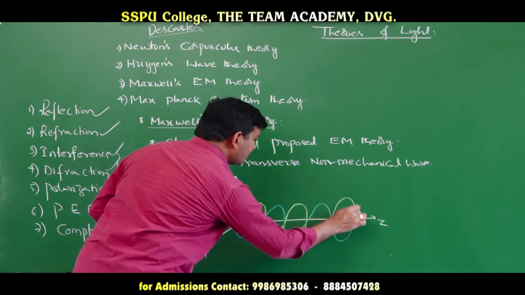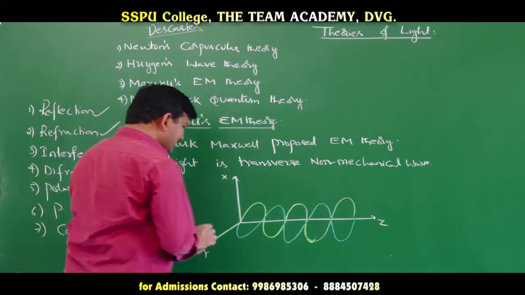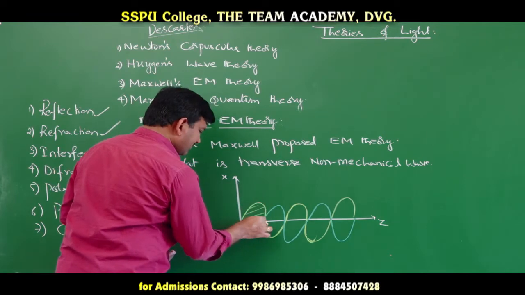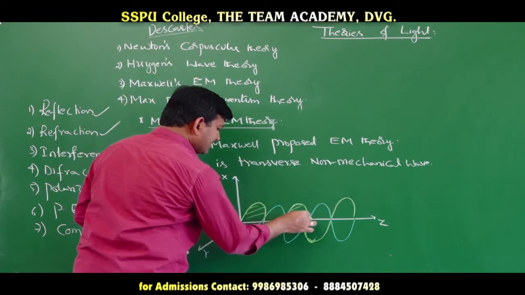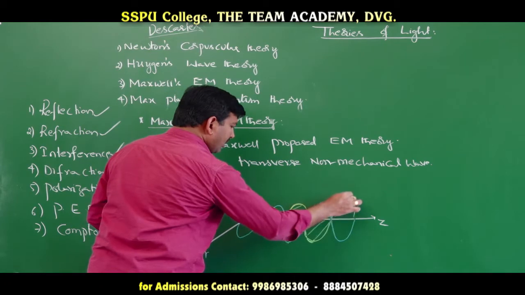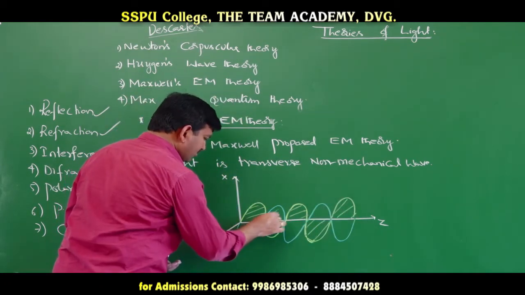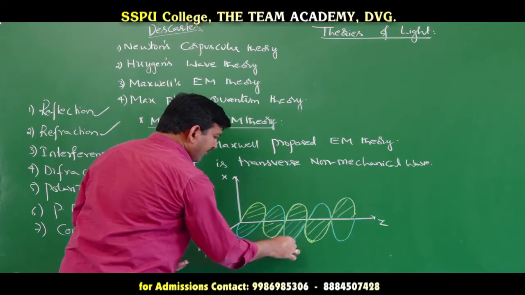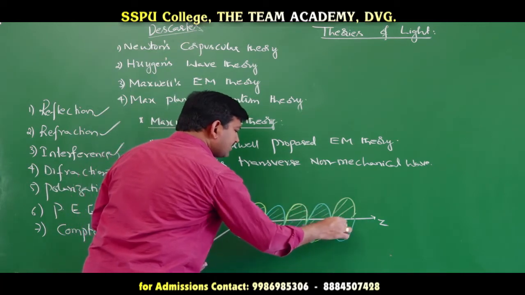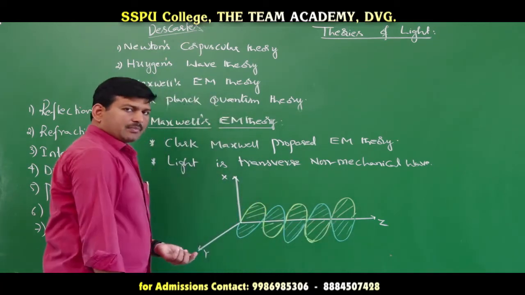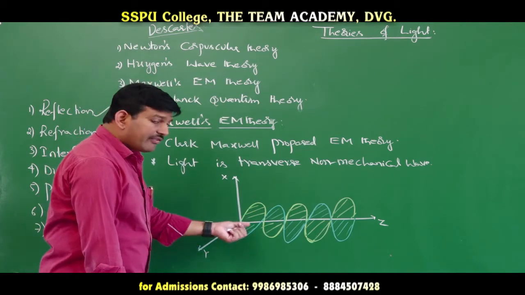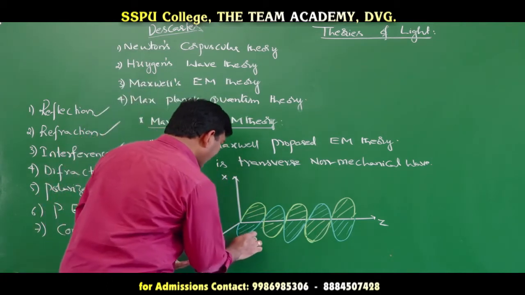Here the electrical wave is sinusoidal, and the magnetic wave is also sinusoidal. If you observe the two waves, are they in phase or out of phase? In the previous class I told you they are in phase, the electrical wave and the magnetic wave.